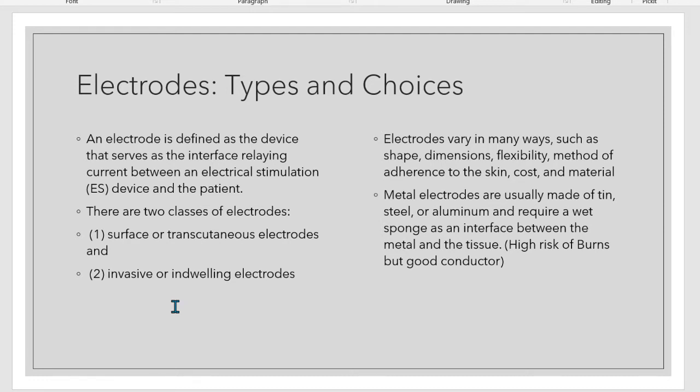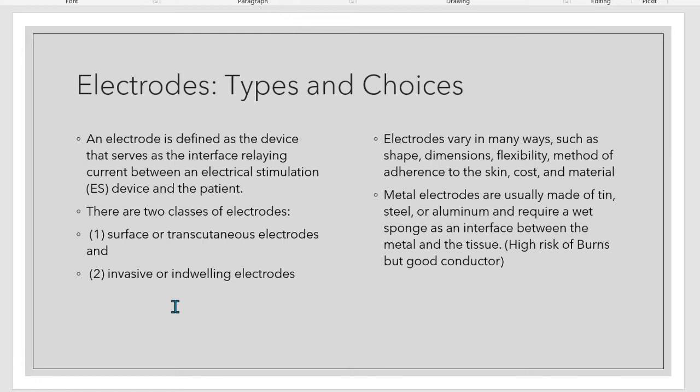Now there are two classes of electrodes. One, surface or transcutaneous electrodes, which can be seen. Second is your invasive or indwelling electrodes. There are some electrodes that are implanted under your skin.